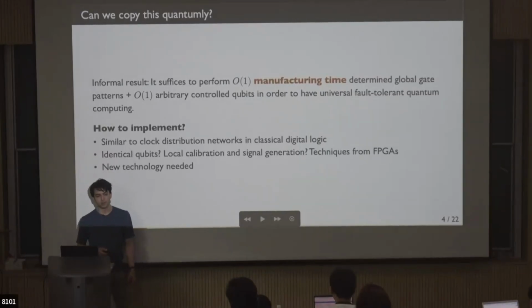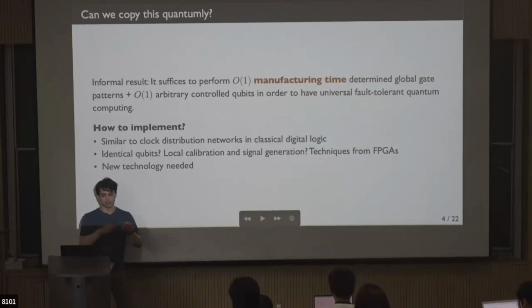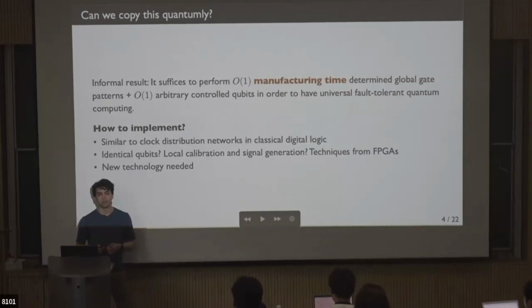Classically, you had this global clock signal, some globally driven dynamics, and then I had individual control over a few bits. You might imagine something very similar if your qubits were sufficiently identical in some sense. You would distribute a signal, like the Hadamard signal or something like that, that would execute your manufacturing-determined pattern of, for example, Hadamards or something like this.